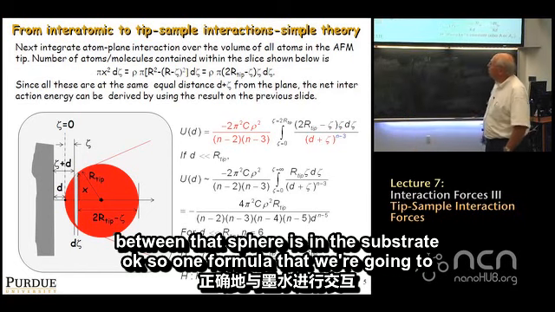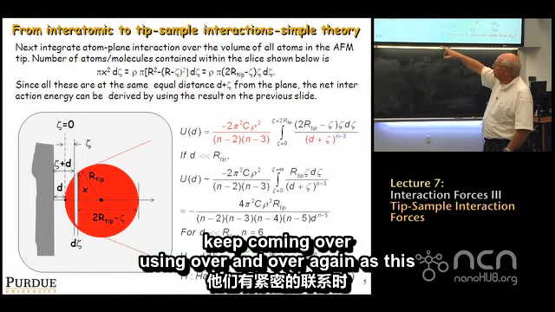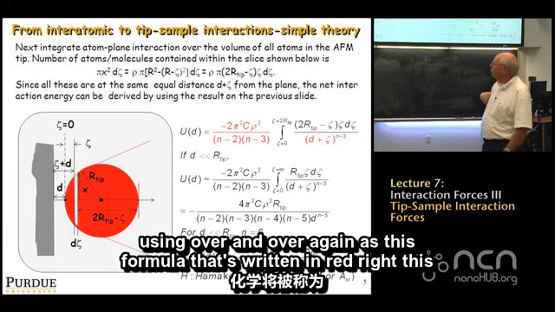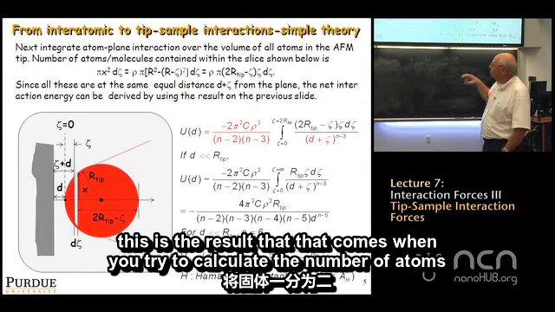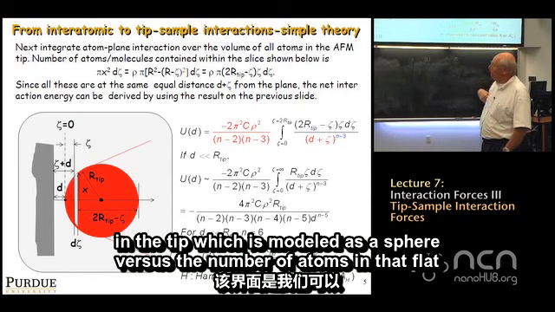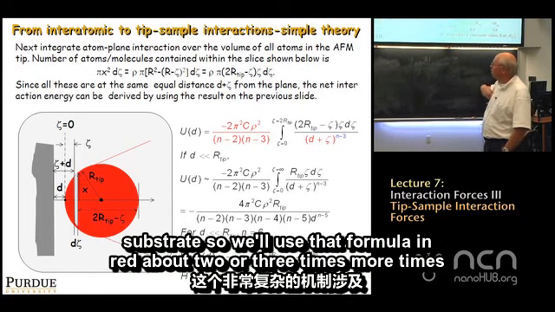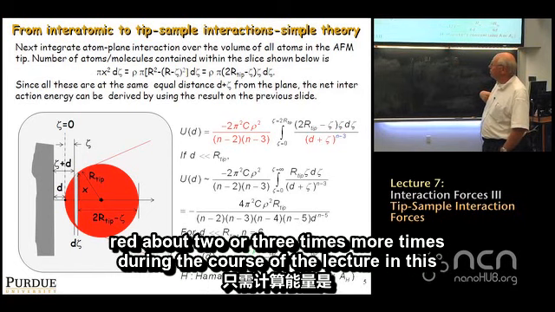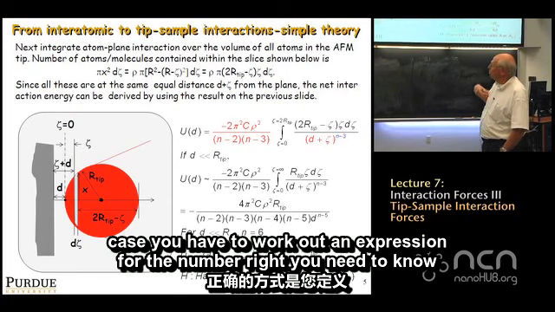One formula that we're going to keep using over and over again is this formula written in red. This is the result that comes when you calculate the number of atoms in the tip, modeled as a sphere, versus the number of atoms in the flat substrate. We'll use that formula about 2 or 3 more times during the lecture.